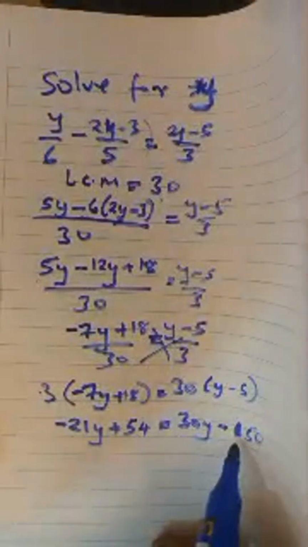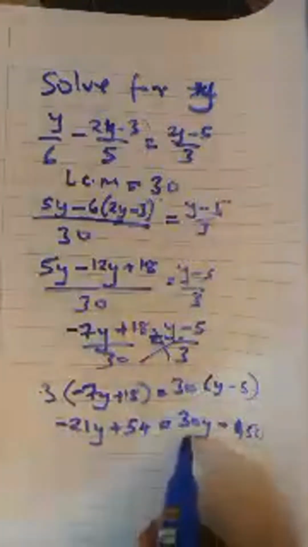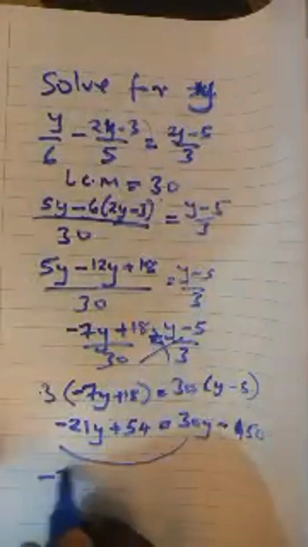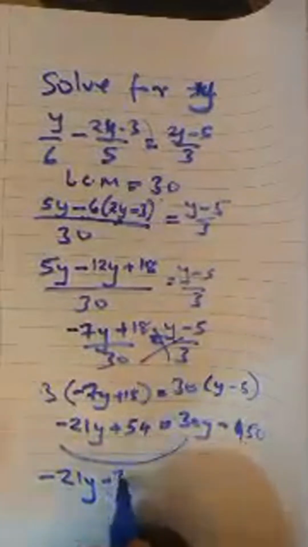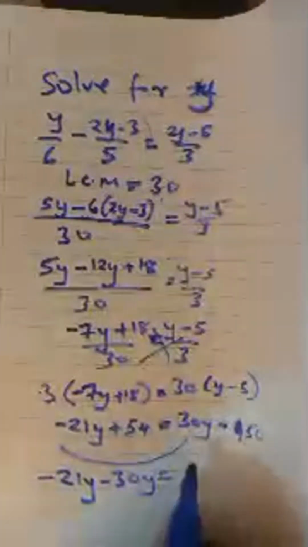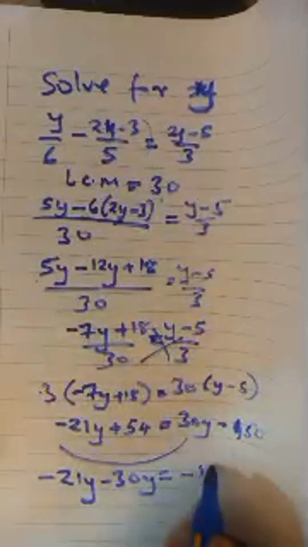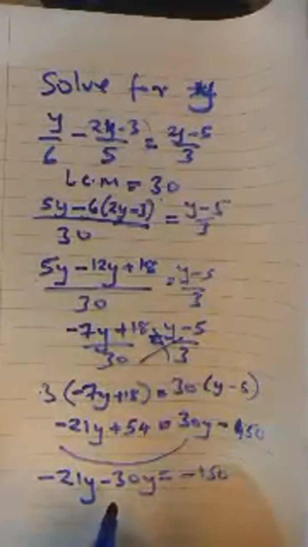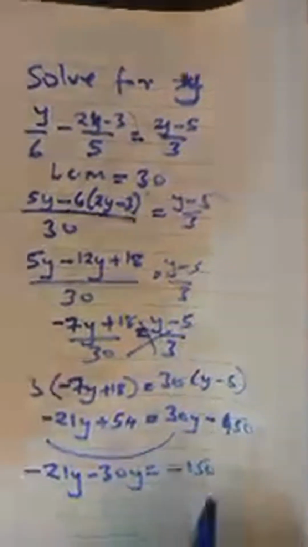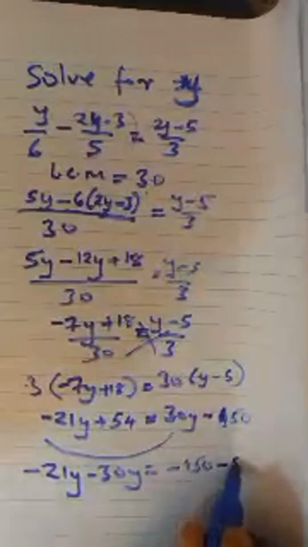Then up to that point, I can decide again to collect like terms. So I have minus 21y minus 30y on one side, and on the other side I'll have negative 150 minus 54.